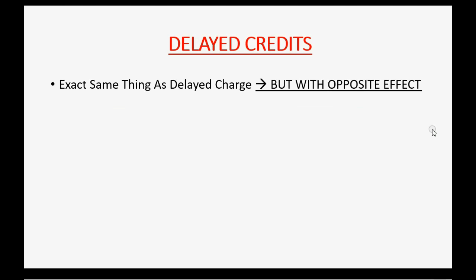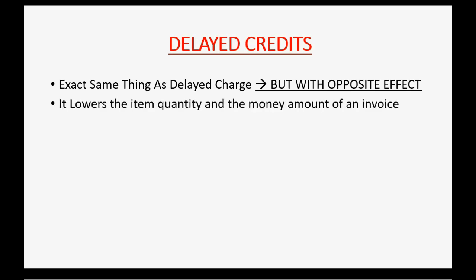A delayed credit is exactly the same thing as a delayed charge. The only difference is that it has the opposite effect on the accounts, on the invoice, and on the customer's balance. It lowers the item quantity and money amount of an invoice.